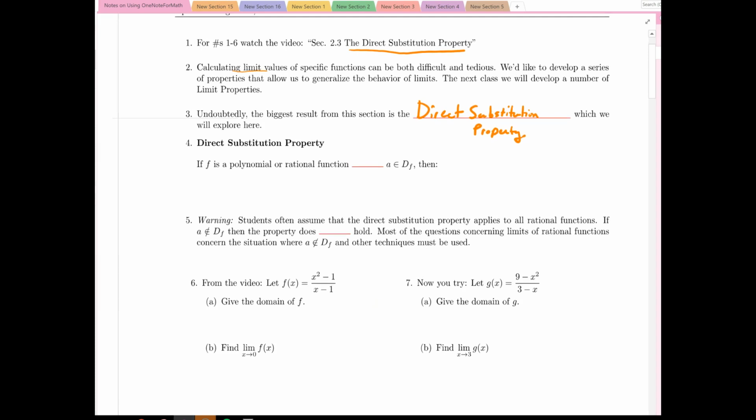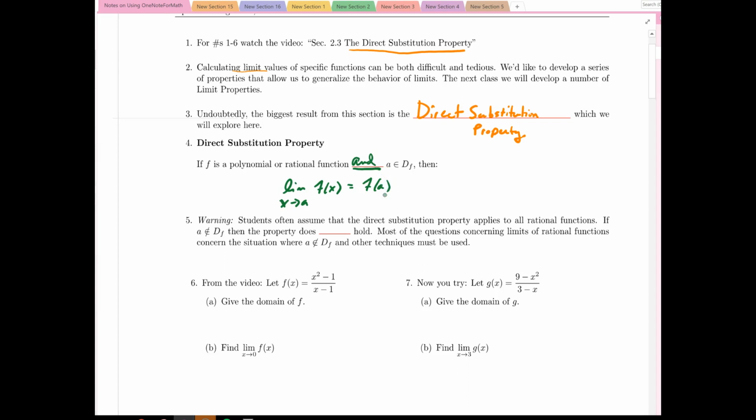These examples that I'm going to give you might seem a little bit strange, but I'm emphasizing some key points here. So if f is a polynomial or a rational function, and this is critical, especially for the rational function, and a is in the domain of that, then the limit as x approaches a of f of x, if you're being asked to evaluate the limit, is the same thing as simply evaluating the function at the point.